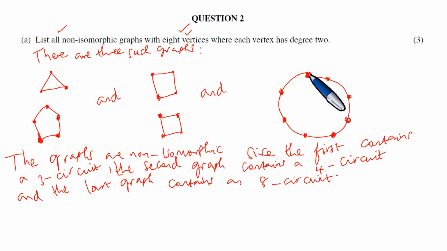Each of these vertices has degree 2. Why? Because it has two edges incident to it. You have two edges incident to each of the vertices, so you have that. Okay, we continue.